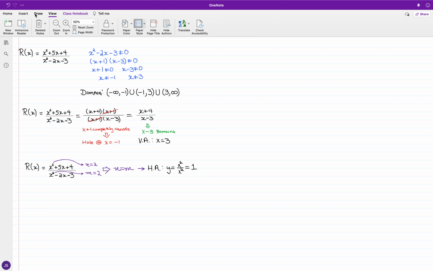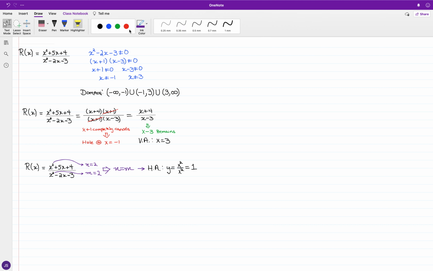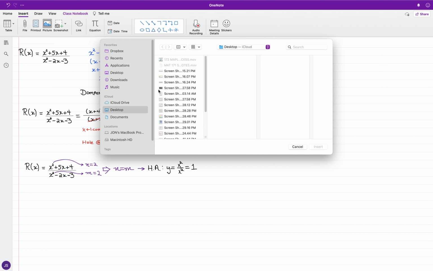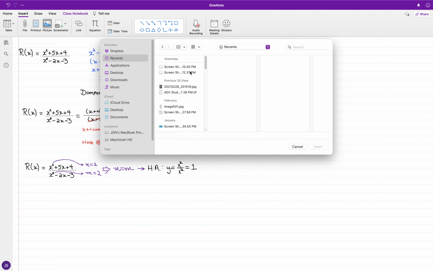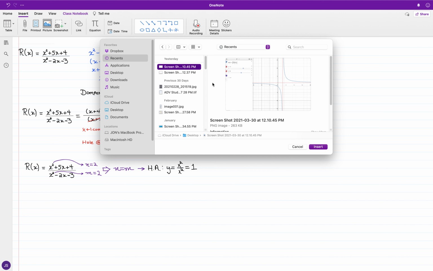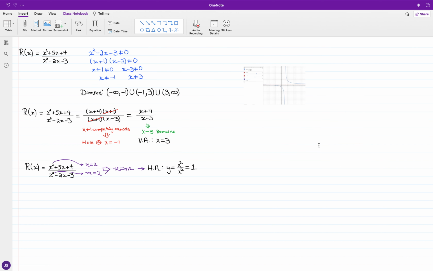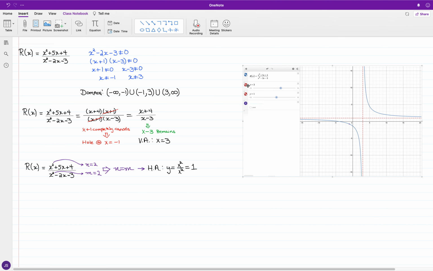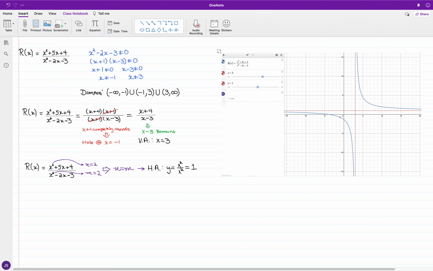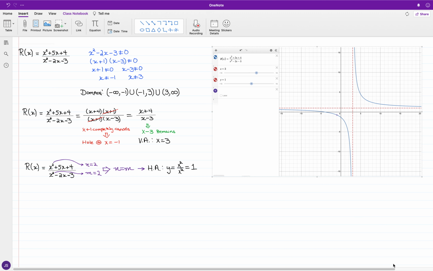And now looking at what we have in the graph, along with the asymptotes. So just looking at what we have and zooming in.